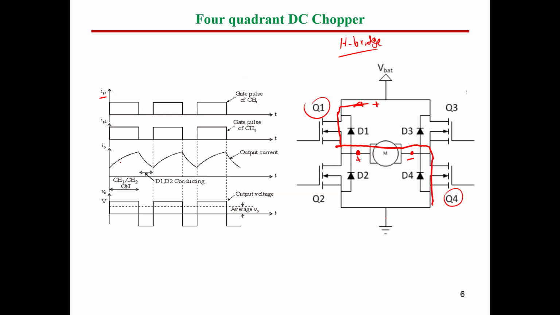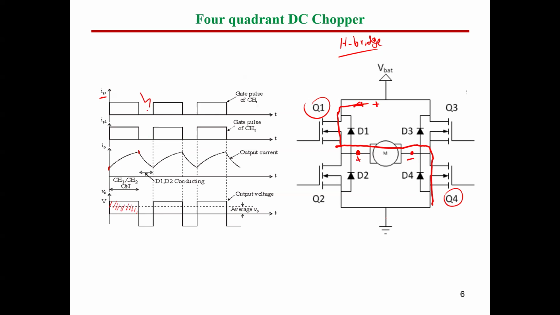The current will start charging, and you will have applied volt in positive sign, as you can see. So this is the output volt. You have positive volt here, and the inductor of the motor is charging.